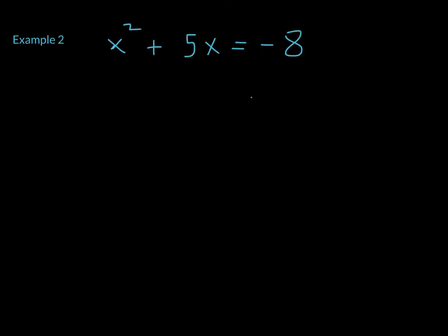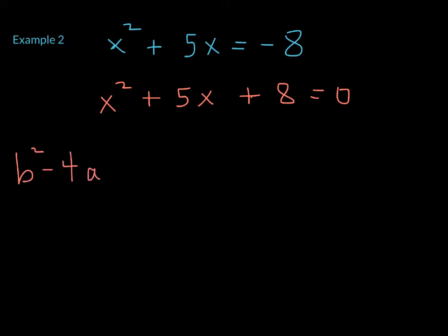For the second example, the first thing I want you to notice is that this is a quadratic equation, but it's not set equal to 0. So the first thing you're going to see me do is move that constant term over to the left-hand side so I can set this equation equal to 0. Now I will evaluate the discriminant, b squared minus 4ac.